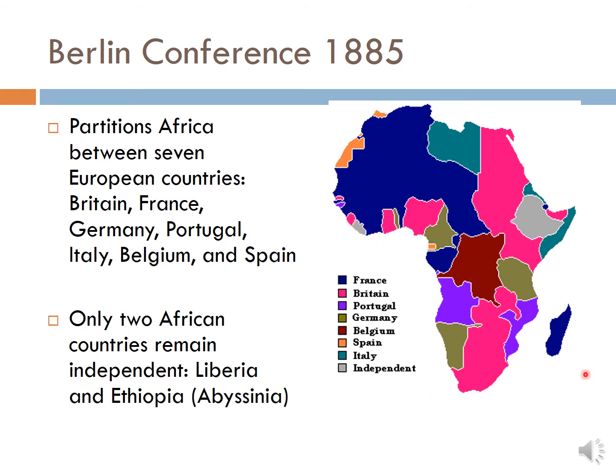Now, the reason why these 2 areas were spared was that Ethiopia defended itself, so it was able to successfully fight off a European nation. And over here, Liberia, the European countries thought that perhaps the United States would have a vested interest in Liberia because there had been a Back to Africa movement back in the early 1800s that the United States had been involved in.